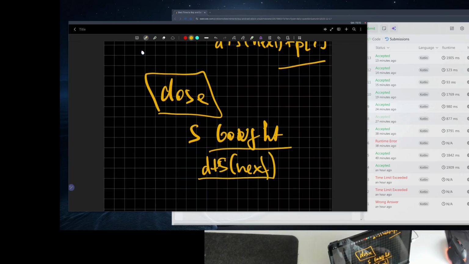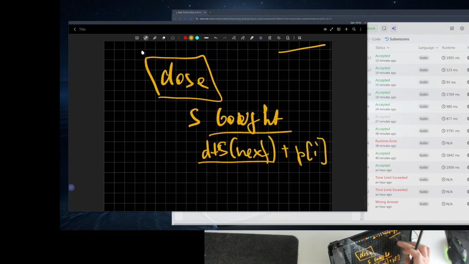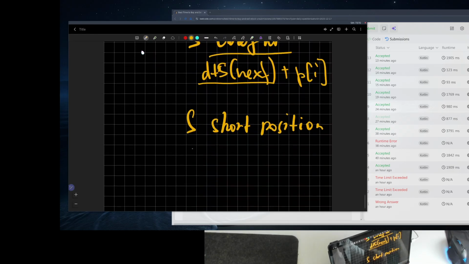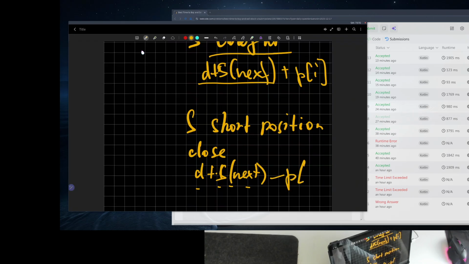DFS next is the current total profit, and you have to sell, so you do plus again. And if your state is short position and you want to close it, you do the DFS on the next. It's total profit, and since you're short, you buy it back, so you're spending money of the current price.